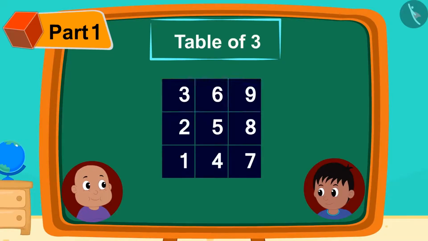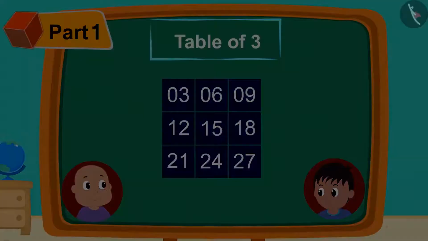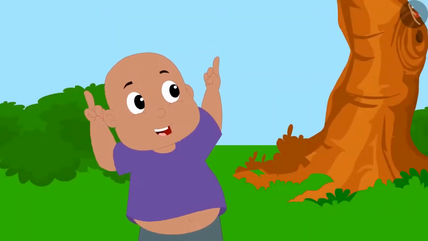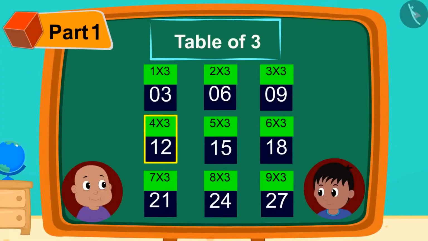Raju wrote 0 in front of the digits in the first line, 1 written next to the second line digit, and 2 written next to the digits of the third line. Bablu started dancing happily. Do you know why? Because he could see the table of 3 here.